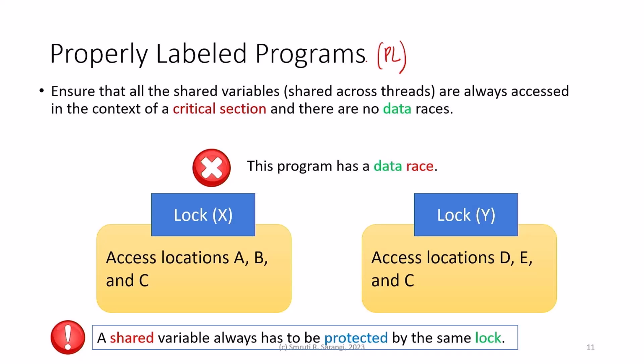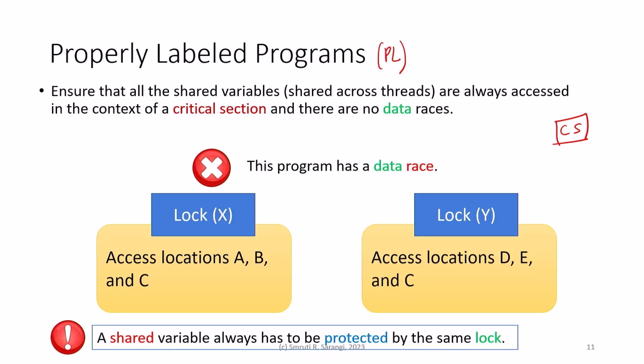A shared variable is something shared across threads. It is always protected, which means that if two different threads are accessing the same shared variable and one of them is a write, then the lock protection has to be there. Lock protection being there means that it is being executed in a critical section. So kindly look at this program.